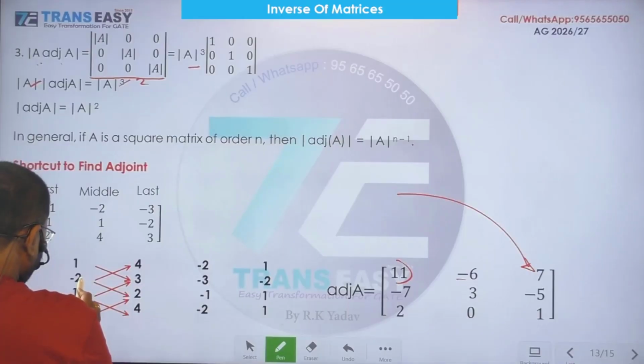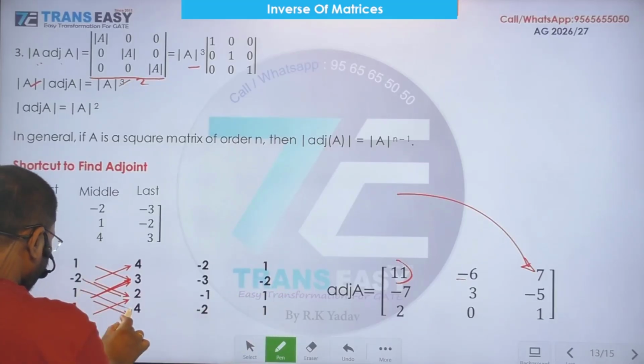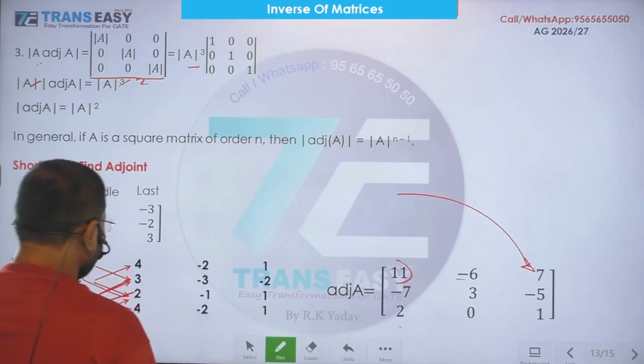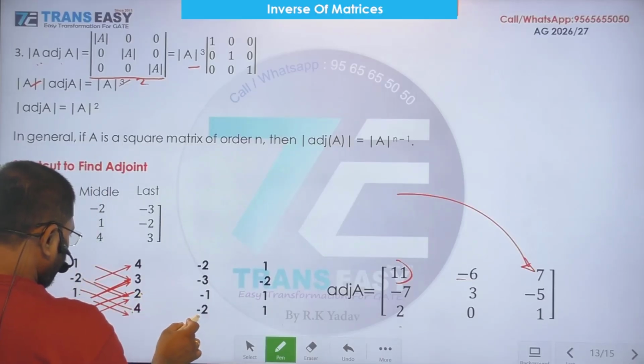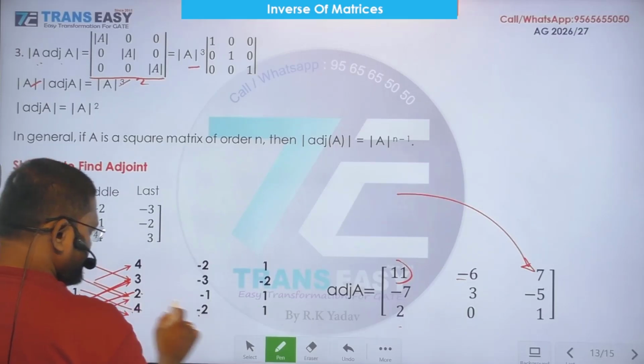Similarly, -2 into 2, -3 into 1, -7, -1 into 4, -4 into 1, 1 into 4, 4 minus 2, it is 2. 2 into -2, -4, -4 into -1, it is 0.